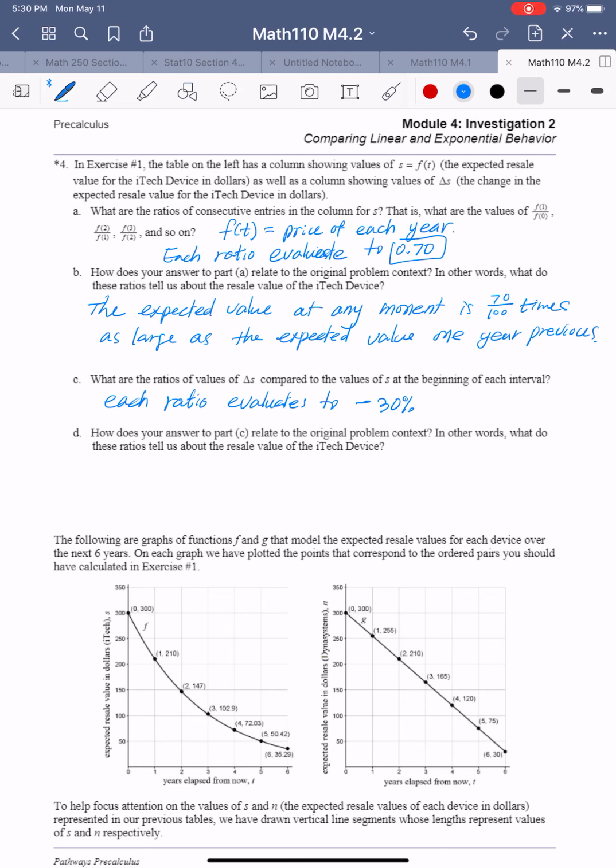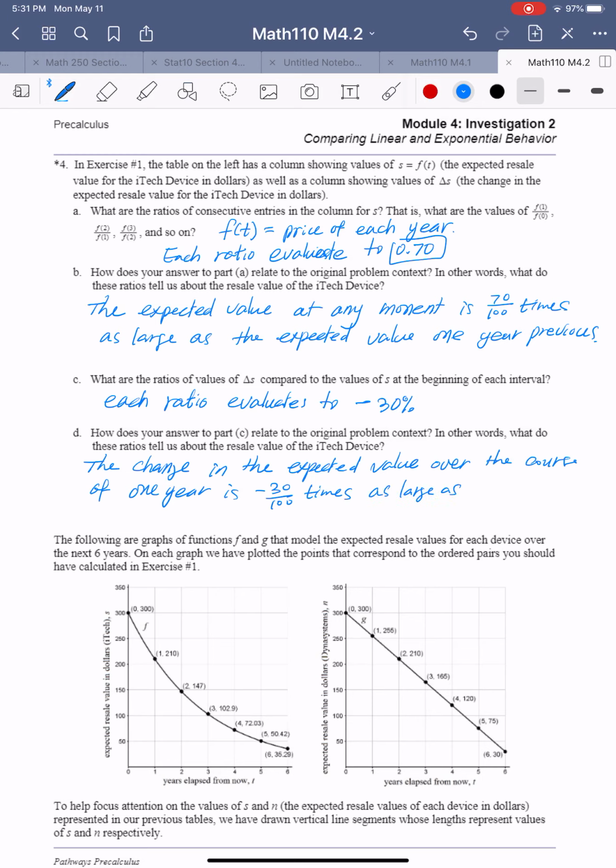So, which means the change in the expected value over the course of 1 year is negative 30 over 100 times as large as the expected resale value at the beginning of that interval of time.